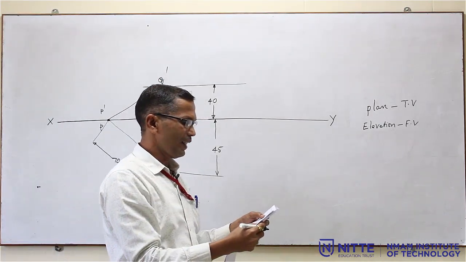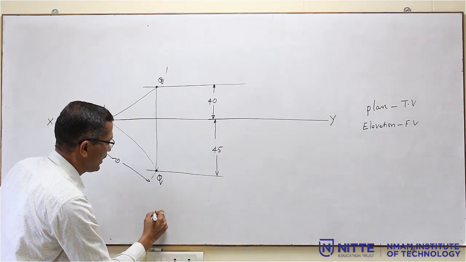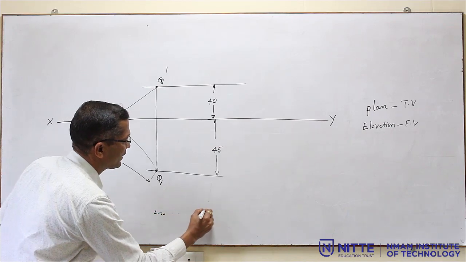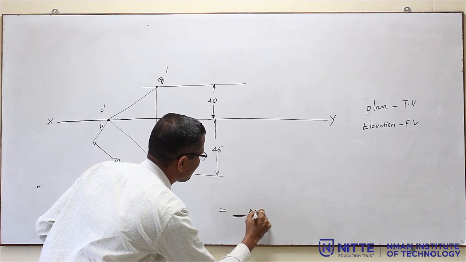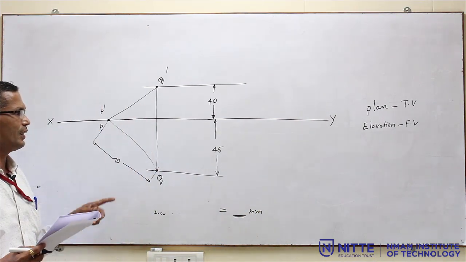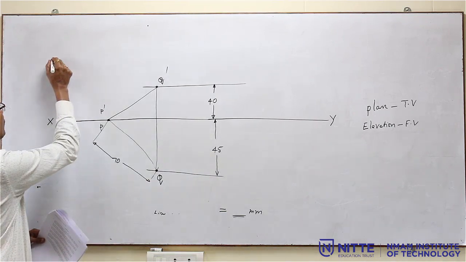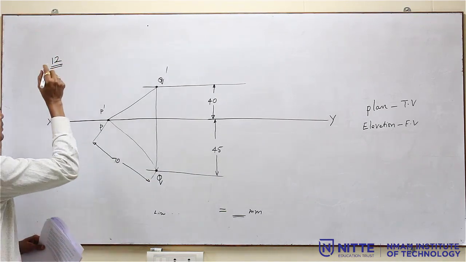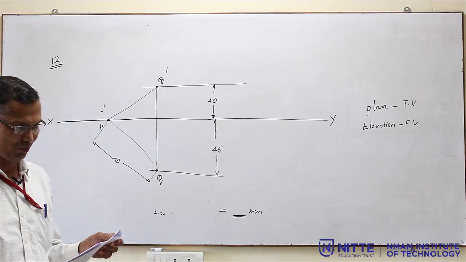Measure the line joining their elevations. So, the line joining the elevations is equal to so many millimeters. This is the answer required for problem number 12, the solution for the 12th problem.